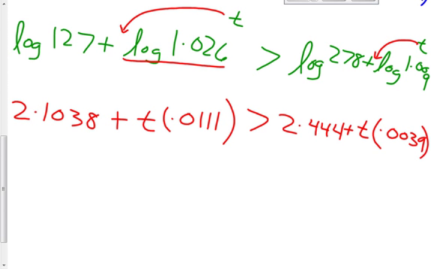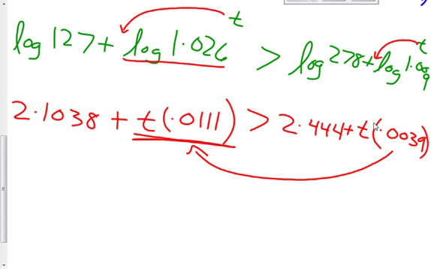So now, class, as weird as this might look, it's actually a pretty simple algebraic equation now. Okay? I have 0.0111t and 0.0039t. I'm going to get all of my t's to this side.